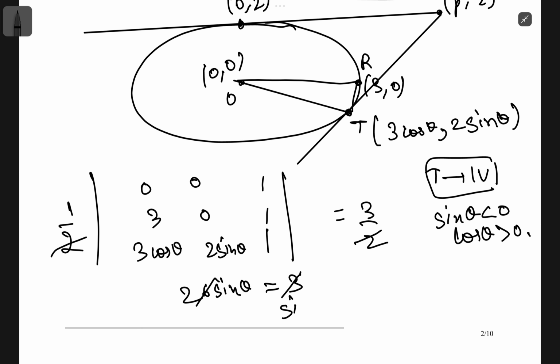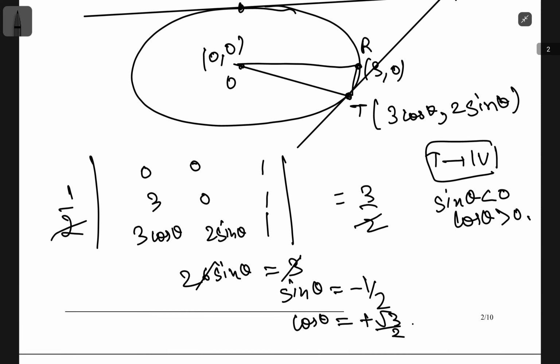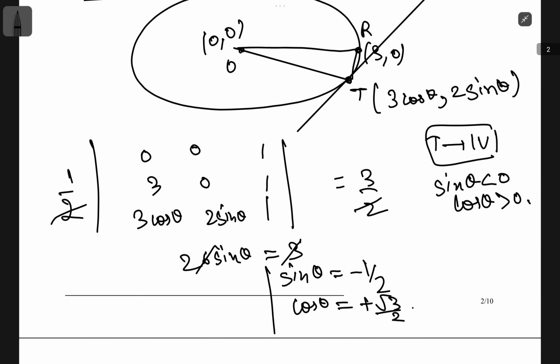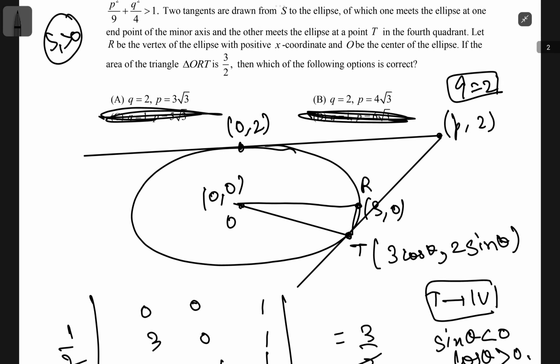So sine theta is half, or to be precise, minus half, because area uses mod as well, right? So the determinant comes with the mod, so sine theta is minus half and cos theta would be plus root 3 by 2, because I just said it's in the fourth quadrant. So we have this result, and now the question is almost over.